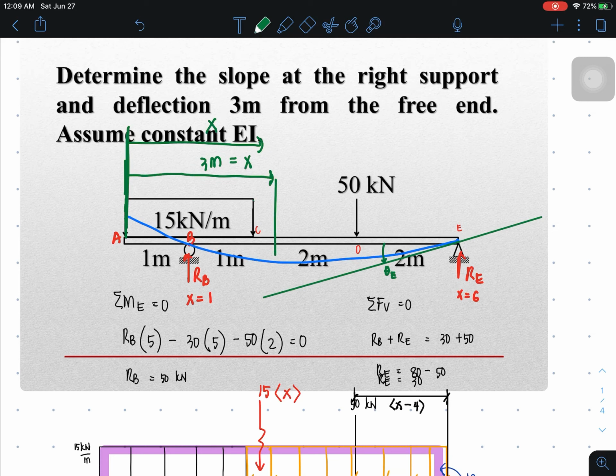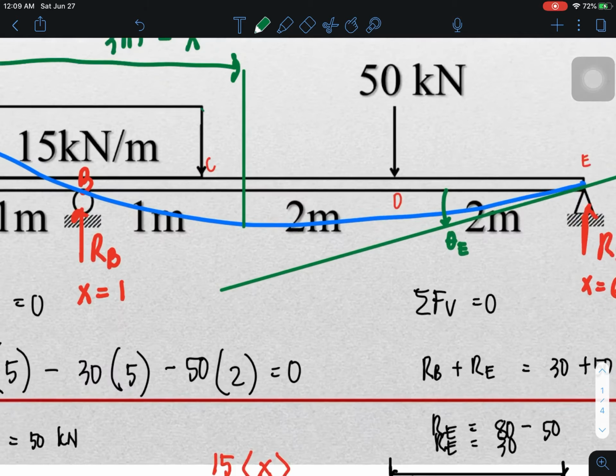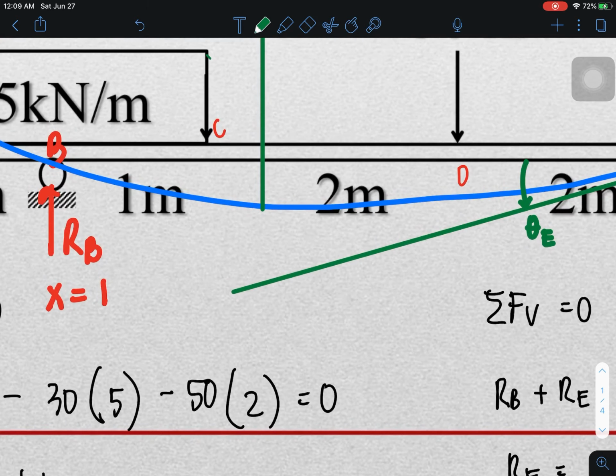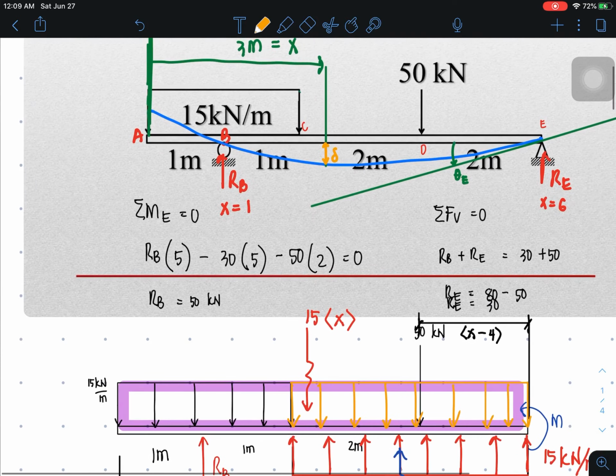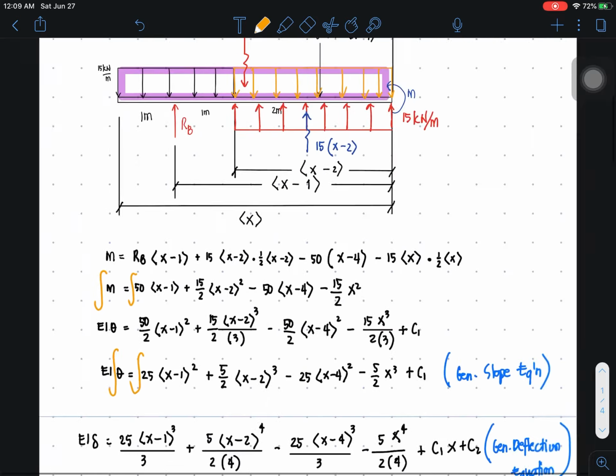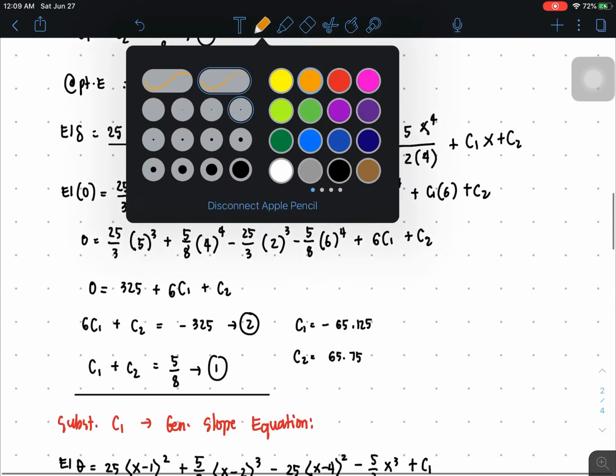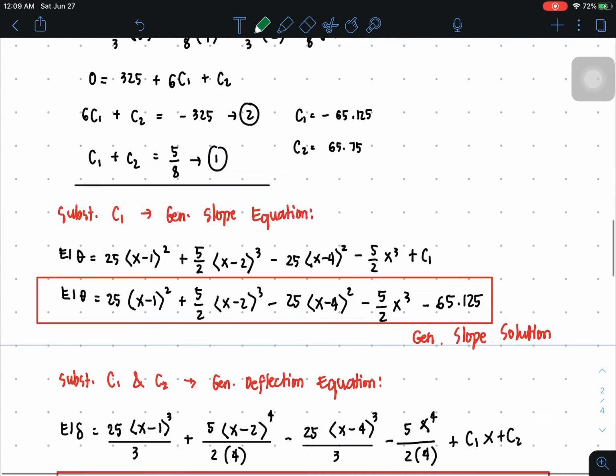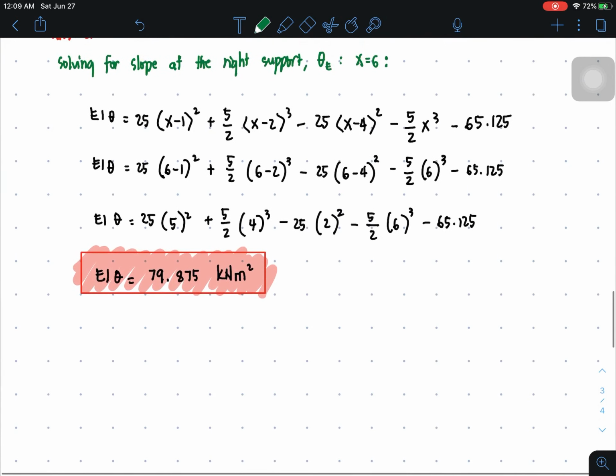I hope na follow na ninyo. And with that, ato na lang i-project diri. So diri ang gipangayo nga deflection at 3 meters. So x is equal to 3. No?